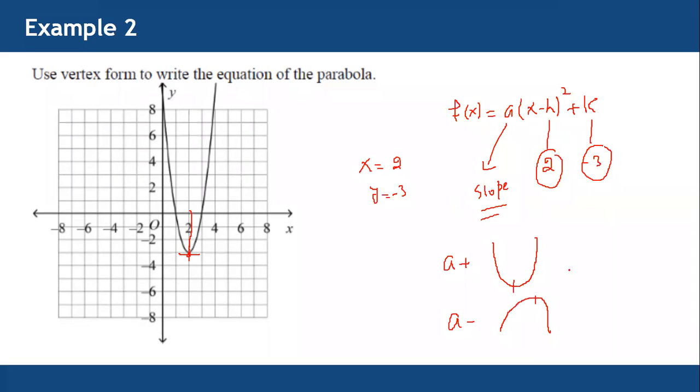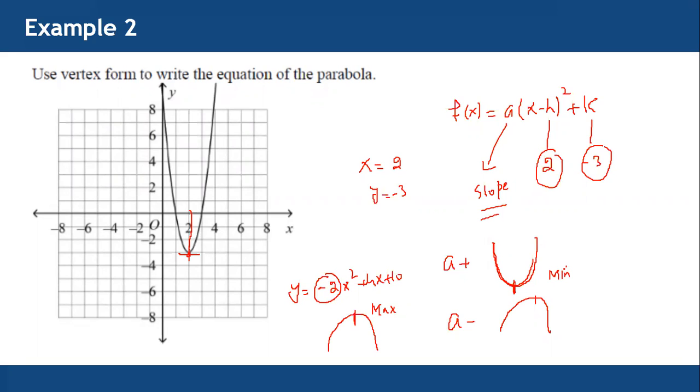For example, if in the equation we have minus 2 x square plus 4x plus 10, then a is minus 2, and from this a we know it is negative, so it will open downward like this one. And we have a maximum point in the parabola. If a is positive, then the parabola will open upward, and this shows that we have a minimum point in the parabola. Clear?